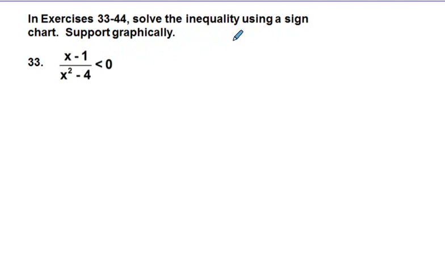And critical numbers will be, I'm just going to go ahead and write that. Critical numbers, what are they?